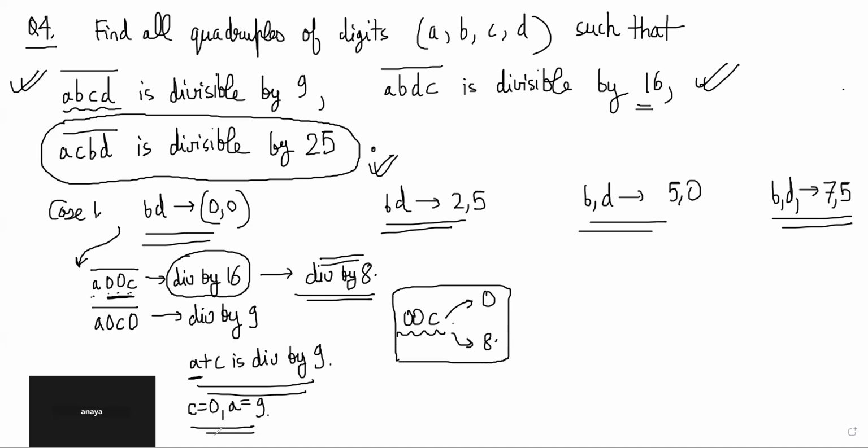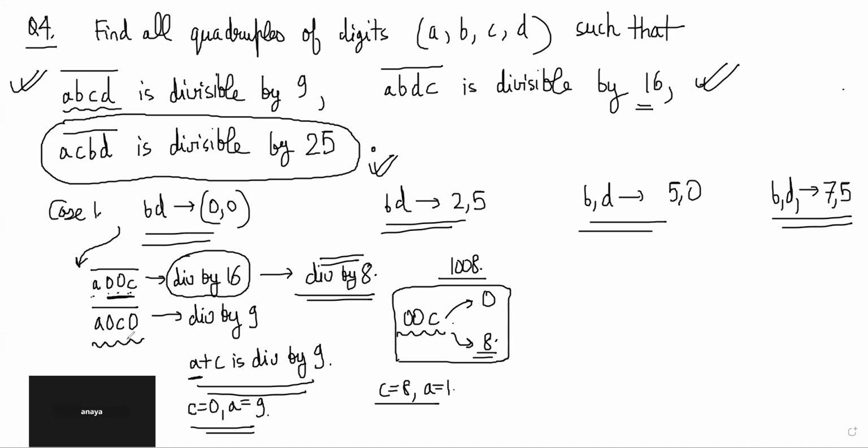So we'll reject that case and take the other case where C is 8, then A is 1. In that case, our number here is becoming 1008. That is divisible by 16 because it is 126 into 8, which is obviously 63 into 16.